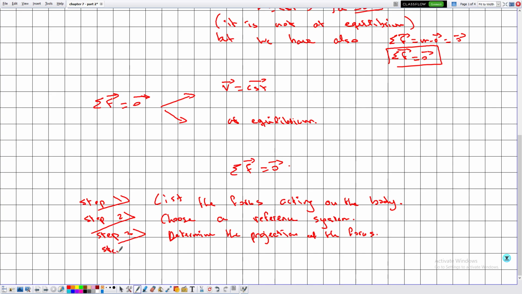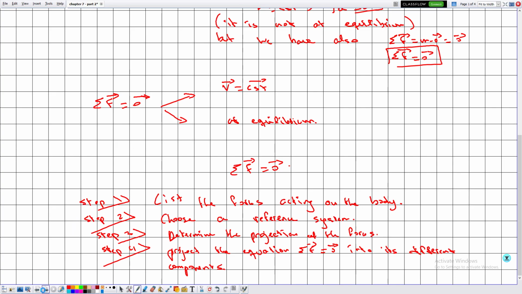Step number 4 is to project the equation sum of forces is equal to 0 into its different components. So we will admit the following steps in order to solve this vectorial equation, and they are very similar to the steps that we have followed in the barycentre formula.